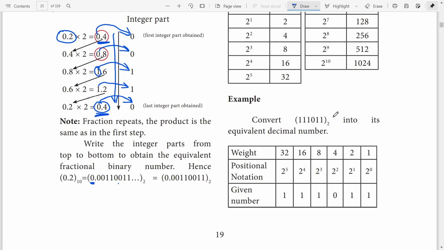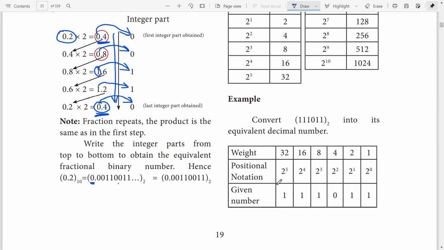Okay. So 111011 is given. Write 2 power 0, 2 power 1, and so on, the power value for each. From the left you have to write 1, 1, 1, 0, 1, 1. So add 32 plus 16.